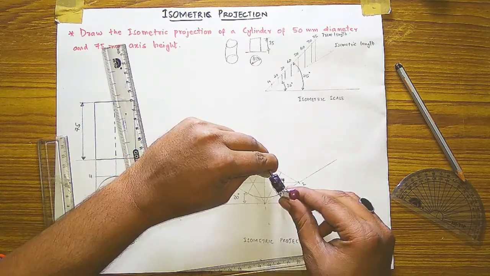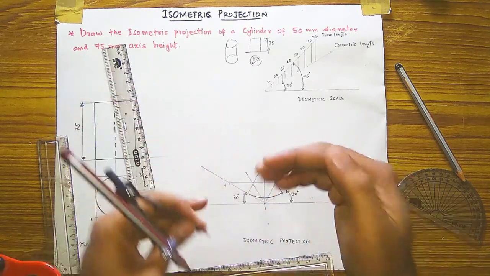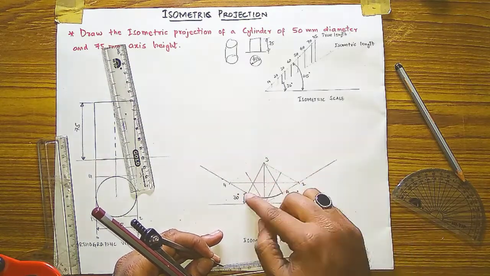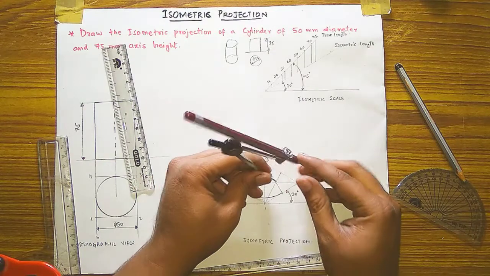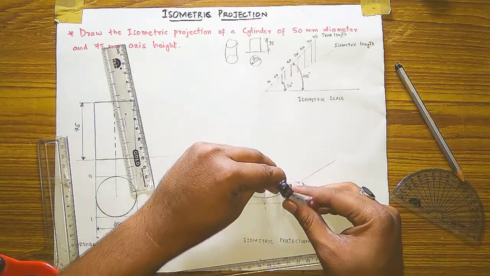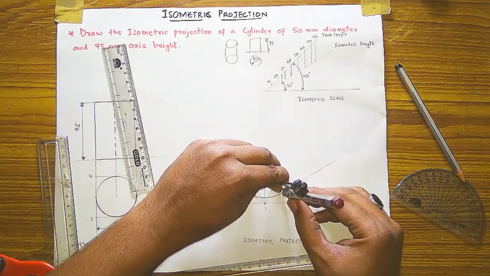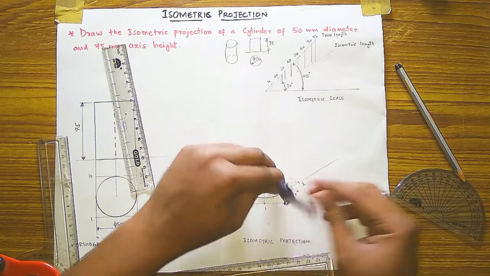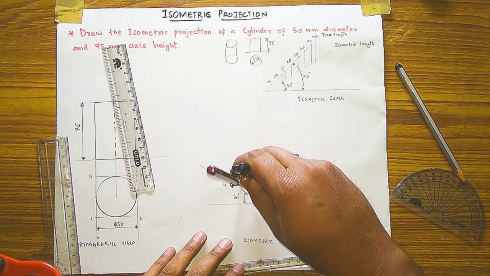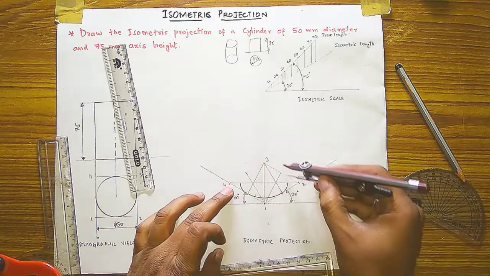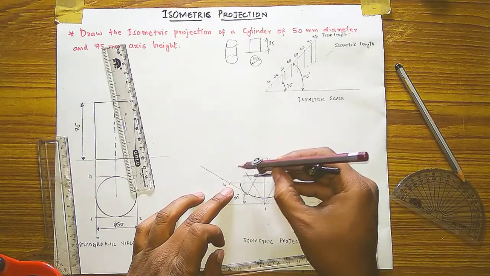We have to do it dark, because if we are the observer, if you see this cylinder base, it is visible, so we are doing dark, and the remaining one is also visible. So for this you have to adjust your mini divider and draw it like this, and from here also this arc is also visible, but half of the base is not visible.